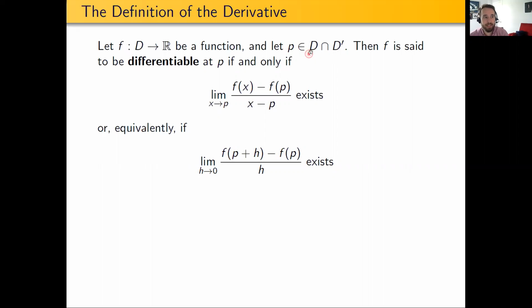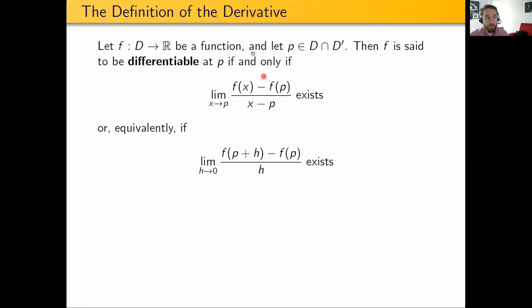Right, so not only can we plug P into the function f, but it's an accumulation point, so there are nearby points in the domain that we can also plug into the function f. Then f is said to be differentiable at the point P if and only if this limit exists, and that's equivalent to this limit down here existing.